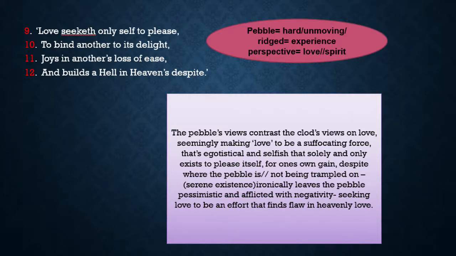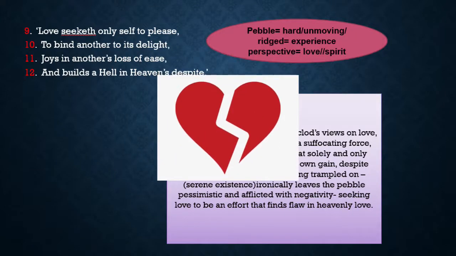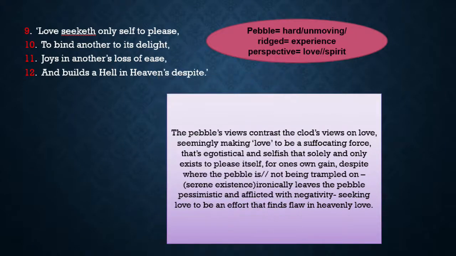So the pebble contrasts the clod's views on love, seemingly making love to be a suffocating force that's egotistical and selfish, that only and solely exists to please itself for one's own gain, despite where the pebble is.